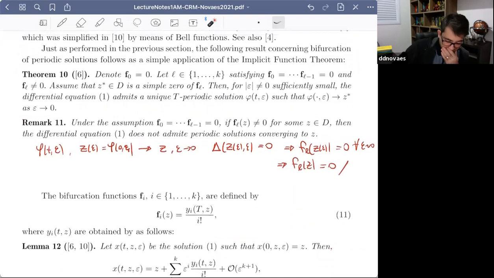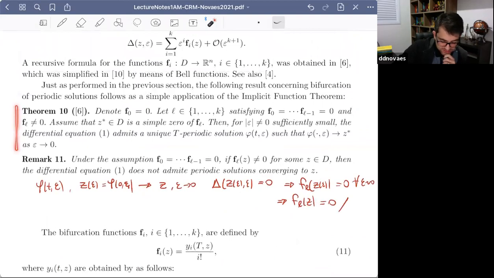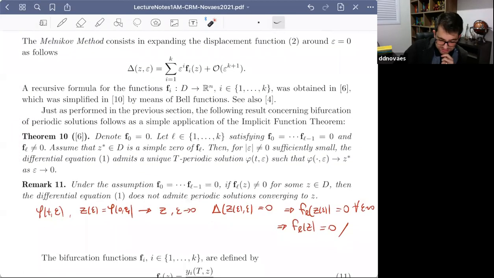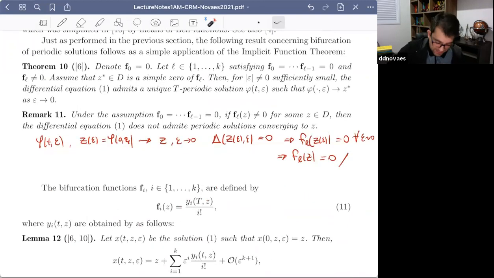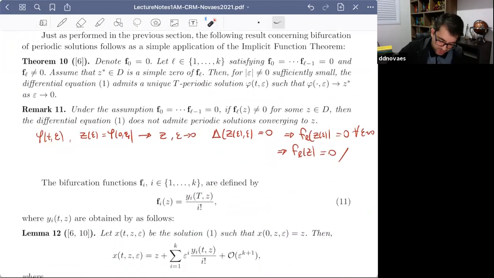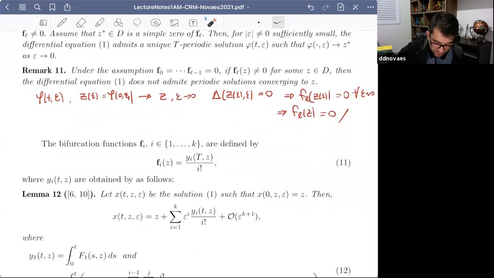Okay, so taking into account this theorem, we say that those functions fi are bifurcation functions because they control the bifurcation of periodic solutions. Okay, and the formula for these bifurcation functions is given by the following result.